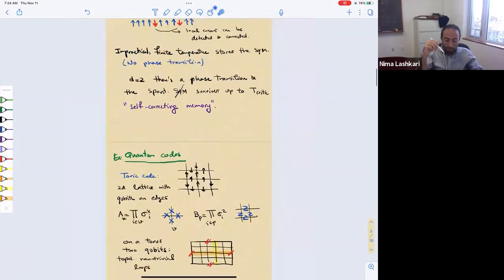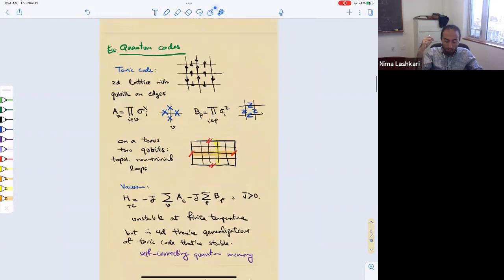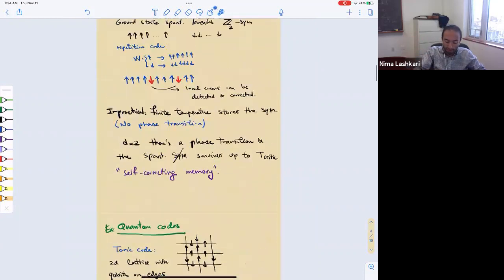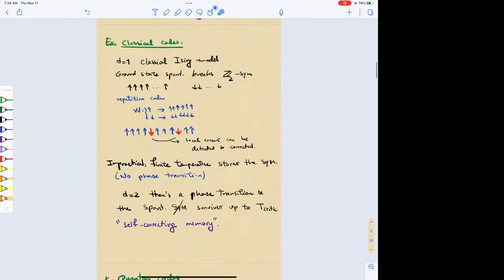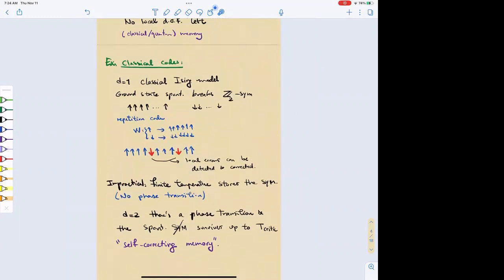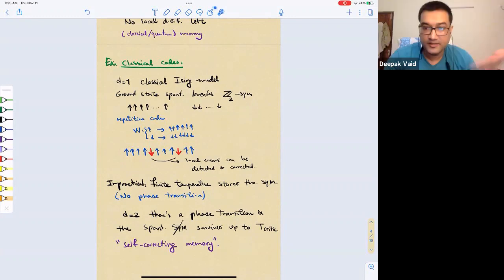All right. So that was just some simple analogy for classical codes. Now let's talk about quantum codes, but these are exact. We're still on this side of the story. If I may just quickly interrupt, just to clarify what you were saying in response to Ion's question, if you do have correlated errors, then the problem of error correction becomes much more difficult, right? For sure. That is one reason why we normally assume that our errors are a Markovian process.